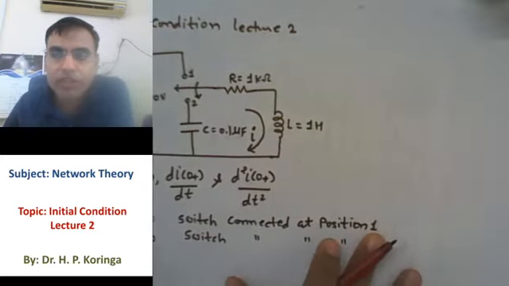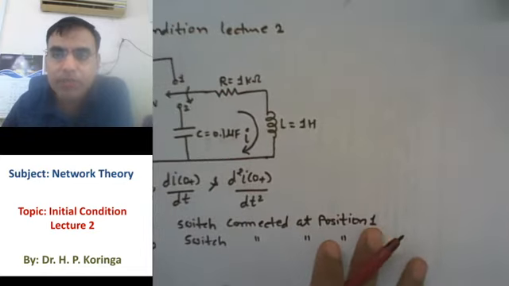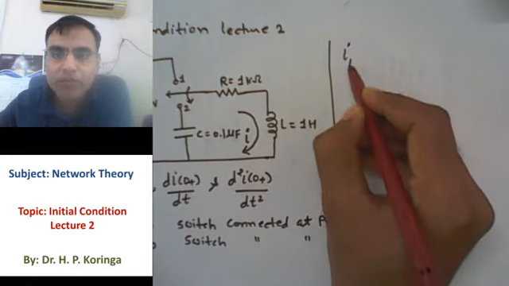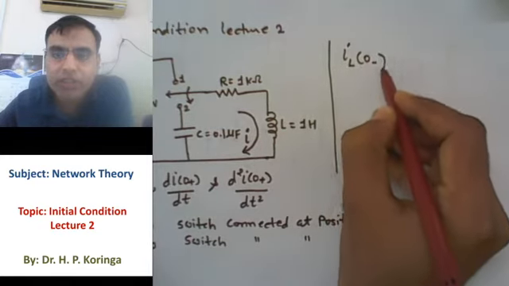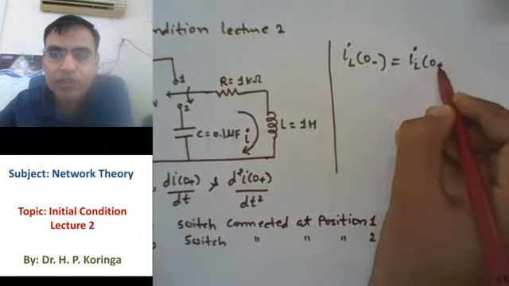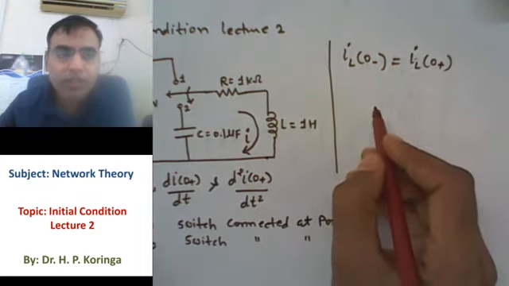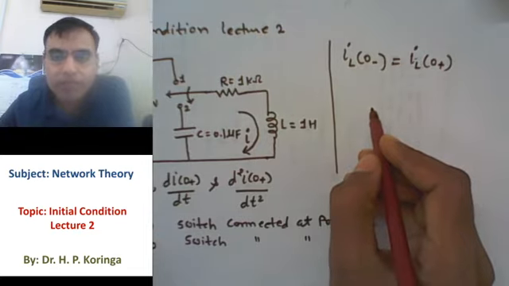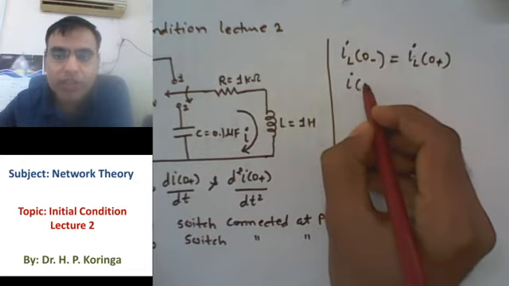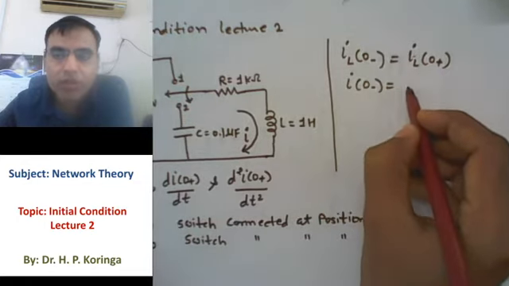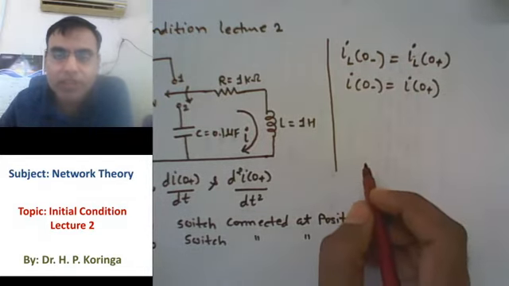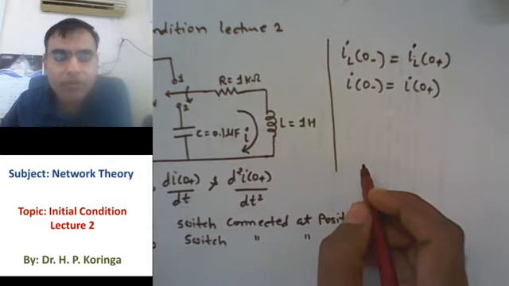So whatever the current passing through the inductor before switching is equal to the current after switching. Here I is the inductor current, so I(0-) is equal to I(0+).